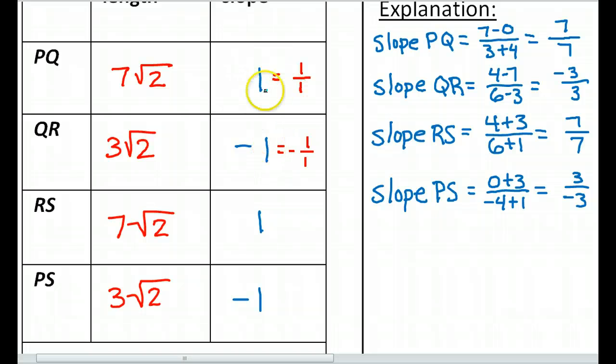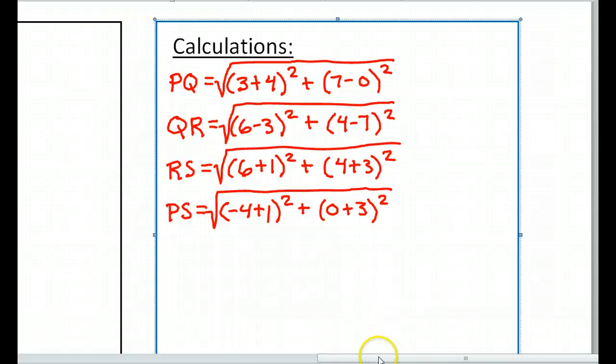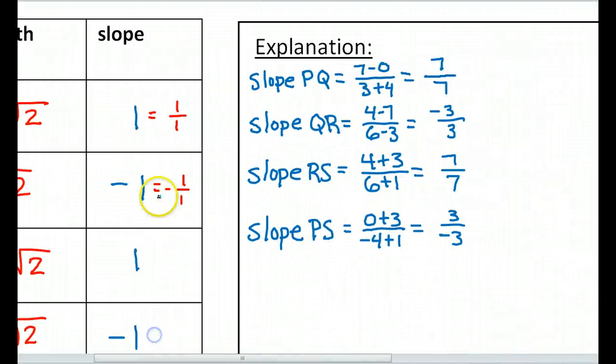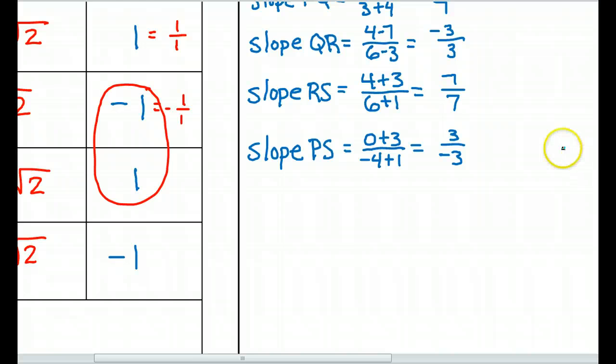And it's important that it works for all of them, no matter which two I pick, as long as I pick consecutive ones. 1 and -1, opposite sign, reciprocal. What if I pick the next pair? Again, -1 and 1, opposite sign and reciprocal.